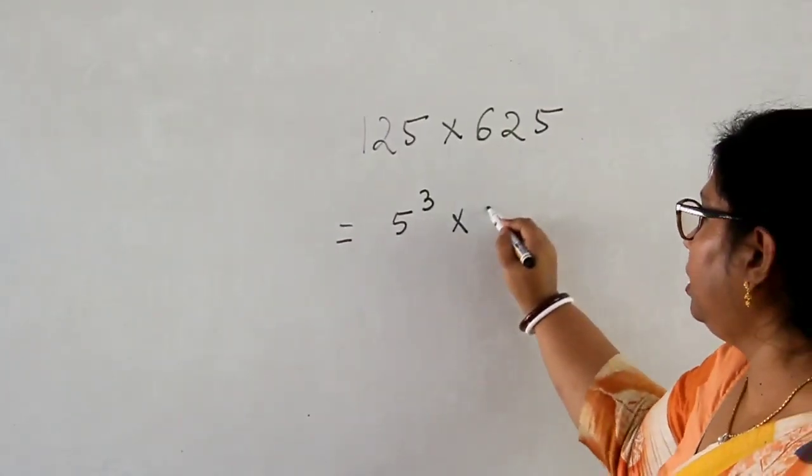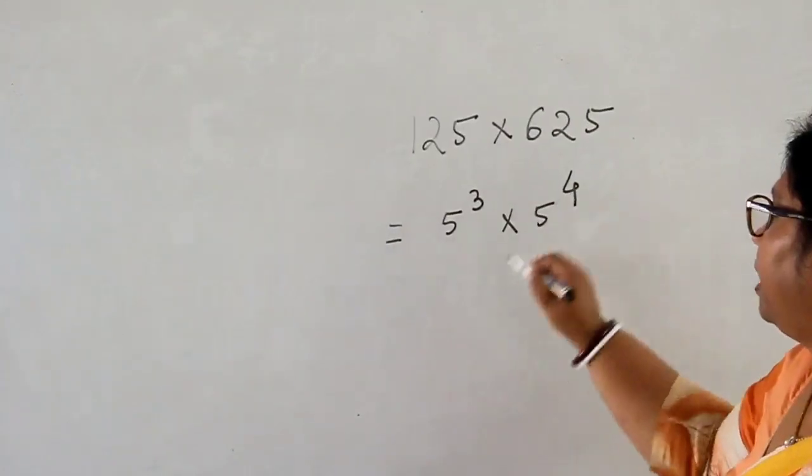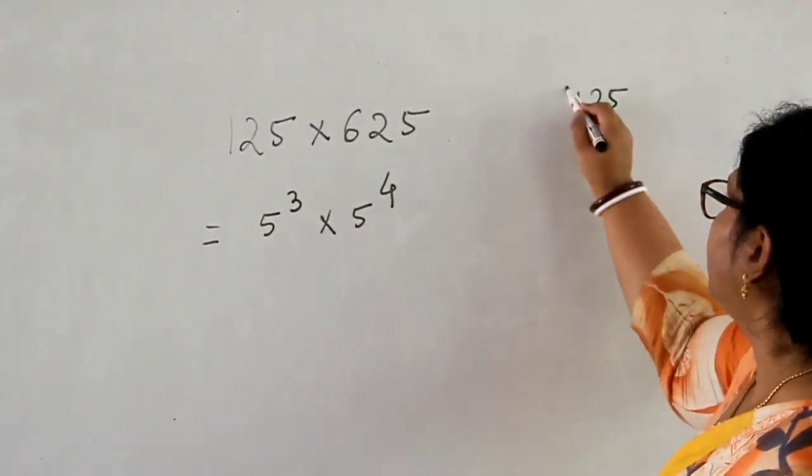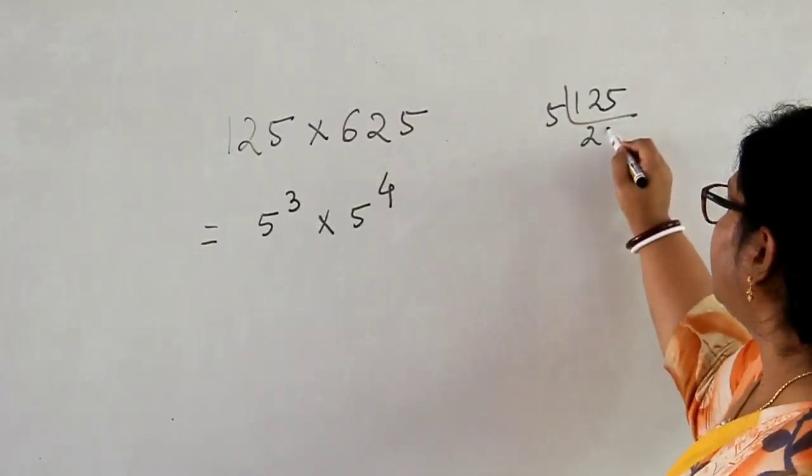Similarly, we can factorize 625. We can always factorize the numbers to check whether we are correct or wrong.